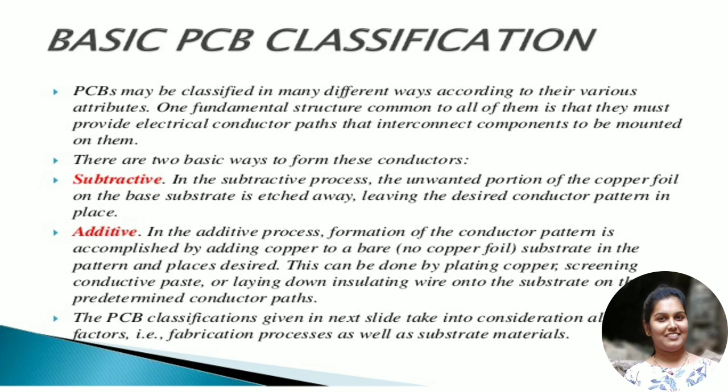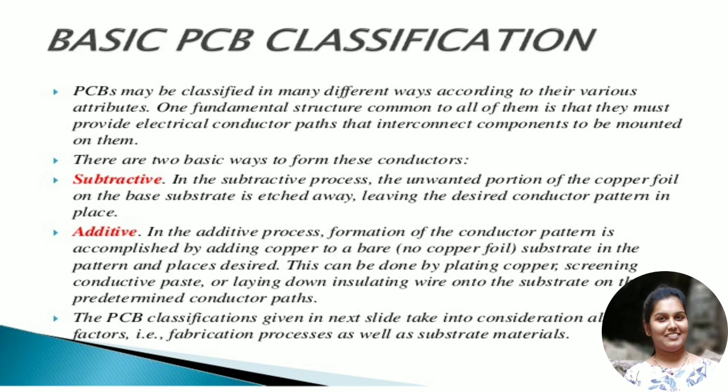The second type is the additive type. In the additive type process, the conducting pattern is formed by adding copper to a bare substrate in the pattern and places desired. This can be done by plating copper, screening conductive paste, or laying down an insulating wire onto the substrate along the predetermined conducting path. So this is the additive type.